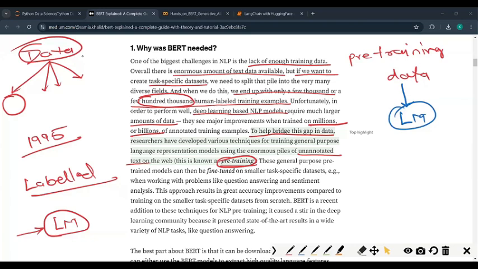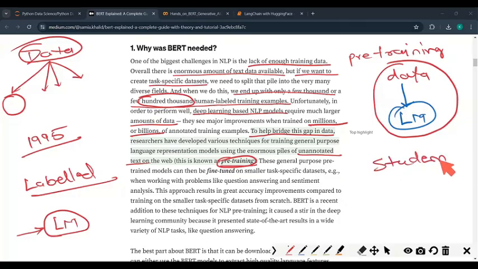Now, these general purpose pre-trained models can then be fine-tuned. Once you have created a pre-trained model, think of the pre-trained model as a student who has been taught everything from class 1 to class 12.